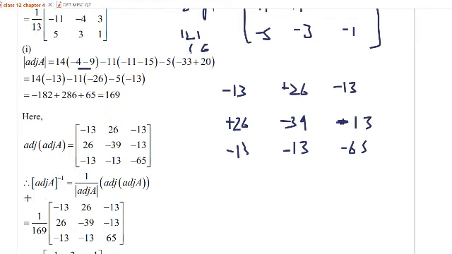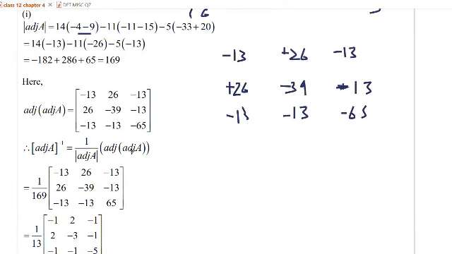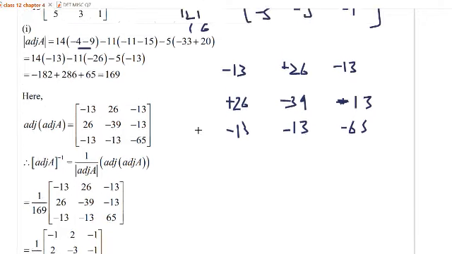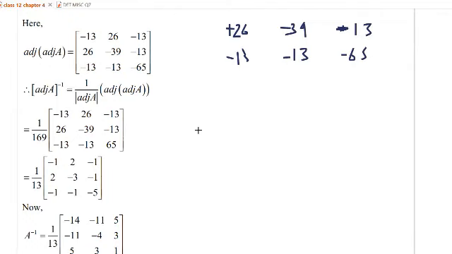So inverse of adjoint A is 1 upon determinant adjoint A and then adjoint of adjoint A. Instead of adjoint A, you can name it as C or B, whatever. The calculations will remain the same, only you'll find it easier to write and understand.